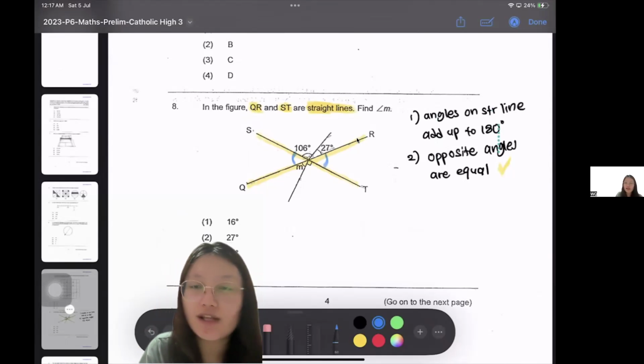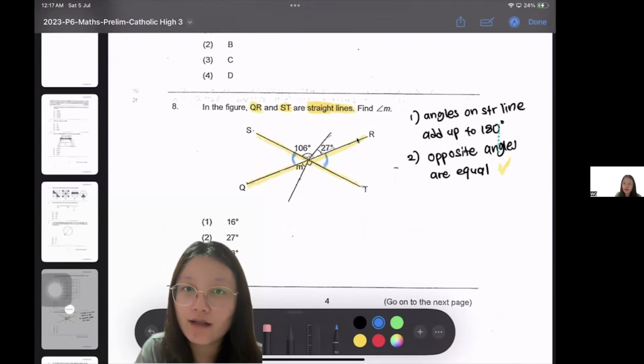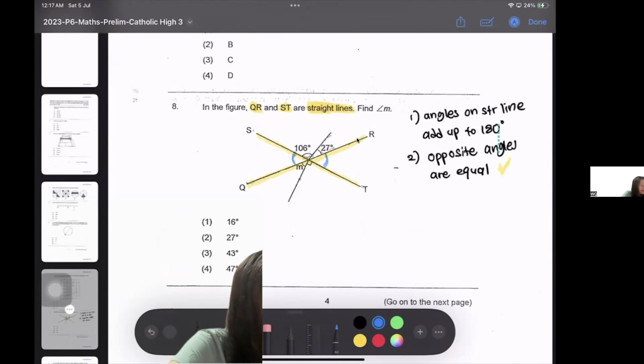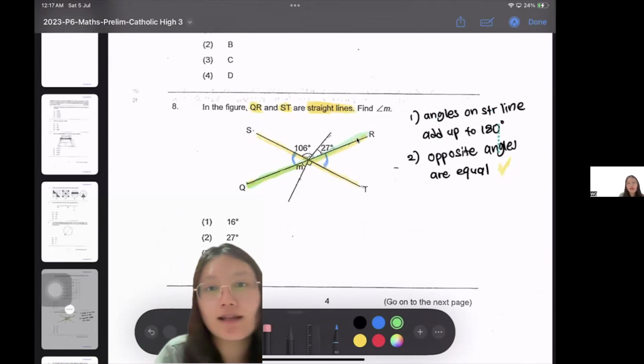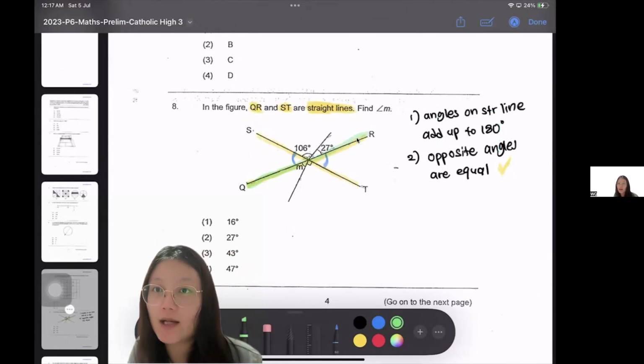Now let's try to make use of point number 1 to find one of the angles. Point number 1 is angles on a straight line add up to 180 degrees. Do you see here QR? Okay, QR has a few angles on it that can be used to add up to 180 degrees.